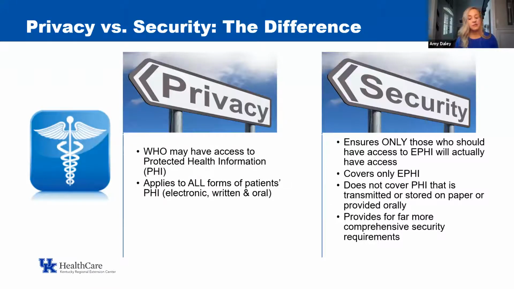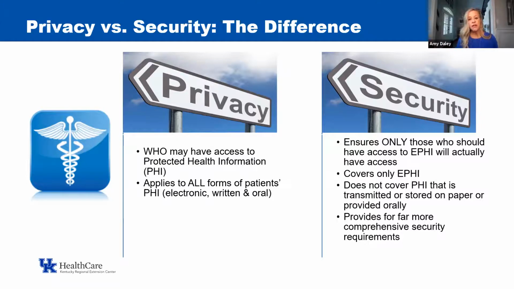So for example, messages that are left on an answering machine, those are subject to the privacy rule, not the security rule. Also, recorded video conferences are actually subject to the privacy rule, and paper-to-paper faxes are subject to privacy but not security. Again, I know that faxes are technology, but this is considered paper-to-paper, so faxes are considered privacy rule.